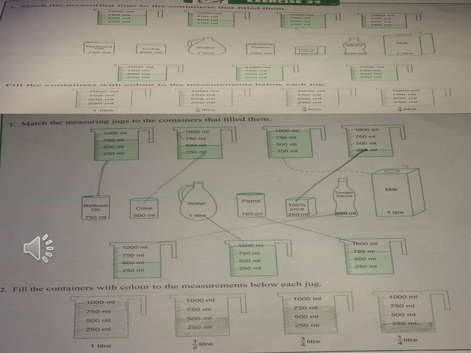Coke 500 ml. We will match with second jug in first line. Now water 1 liter. 1 liter is already matched in first line, so we will match with third line second jug. Petrol 750 ml.